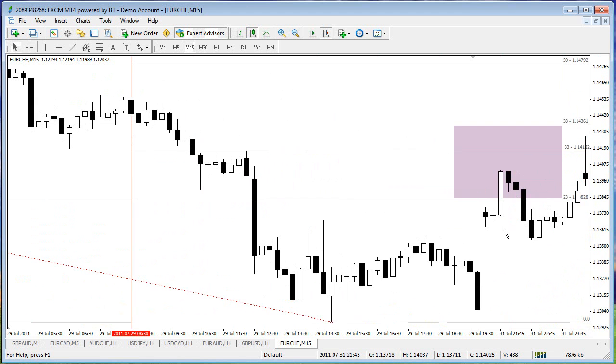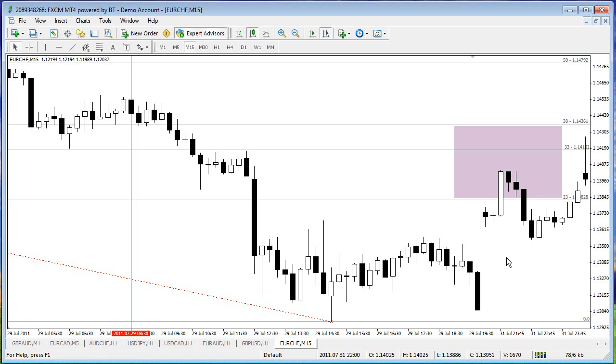You can see that this is the first time since we began drawing the fib retracement that the currency pair or any other financial instrument has risen up into the 23 to 38% zone. It's the very first time. In order to get an entry on a trade, what we need to see this financial instrument do is rise up into the 23 to 38% zone and then turn around.